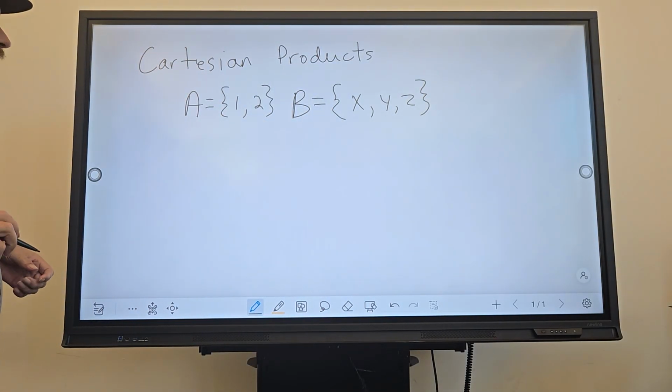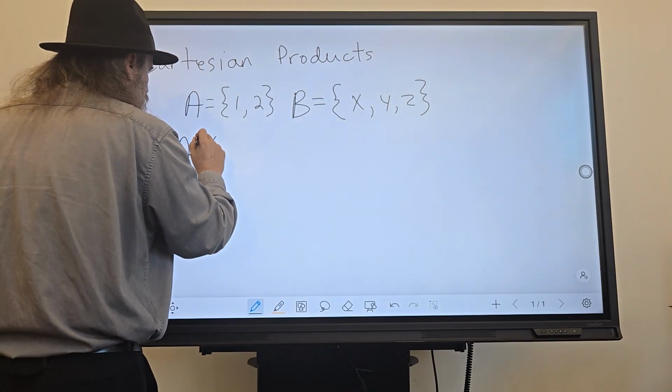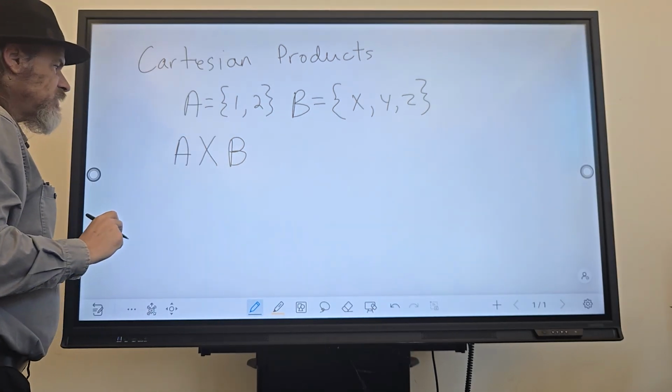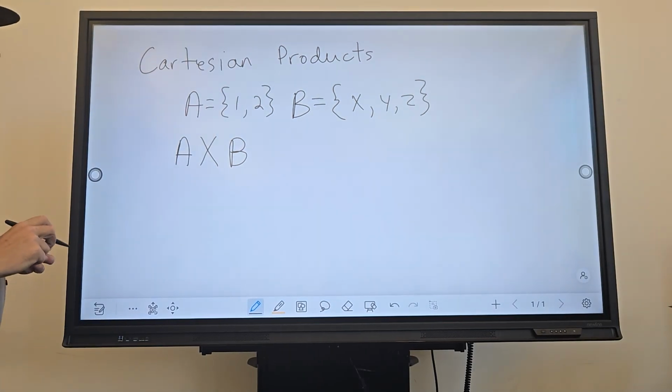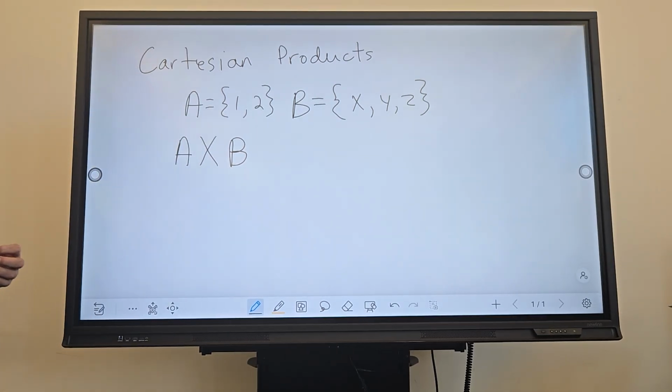The Cartesian product of that, with the notation A × B, generates a set of ordered pairs, or ordered triples if it's a Cartesian product of 3 sets.